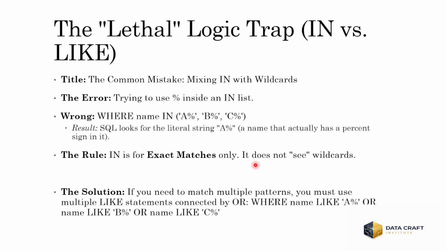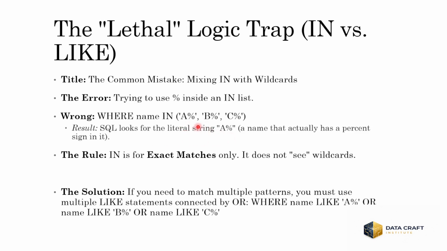Now there is one lethal logic trap, and many people make this mistake in production systems. It is trying to use percentage inside an IN clause, like where name IN A percentage, B percentage, C percentage. It doesn't return the correct result, because SQL looks for literal strings like A percentage.